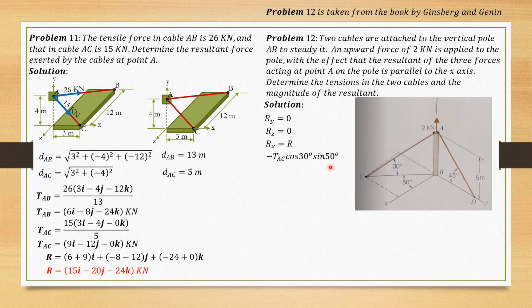So that's the component of tension along the y-axis. Then the component of AD along the y-axis is positive tension AD cosine of 45, because that's 45. Then set that equal to 0. So expressing tension AD in terms of tension AC, so tension AD is 0.9382 of tension AC.